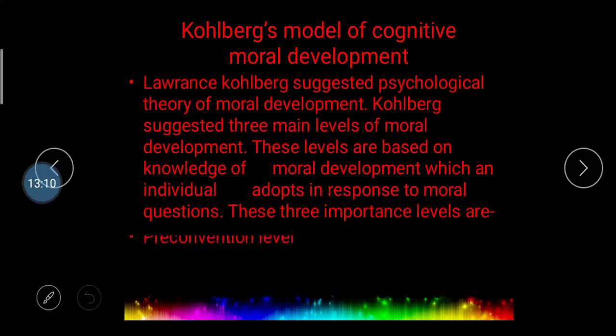The first level is the pre-conventional level. The pre-conventional level is considered as right conduct based on the direct benefit that the individual gets. If a person gets the direct benefit, it's considered the pre-conventional level. It is regarding the childhood behavior of the person, because in childhood a person always behaves selfishly, right?